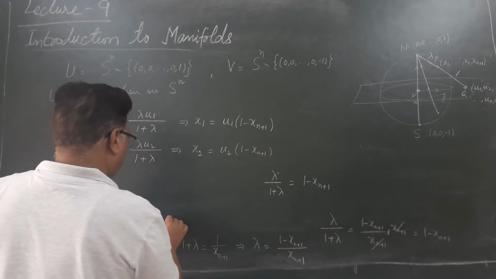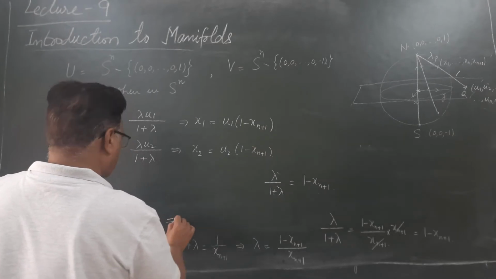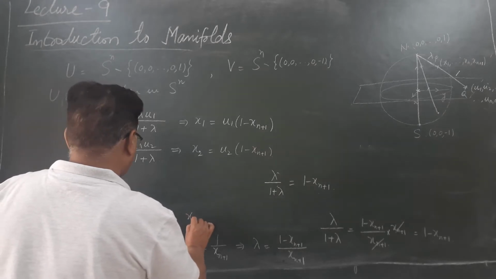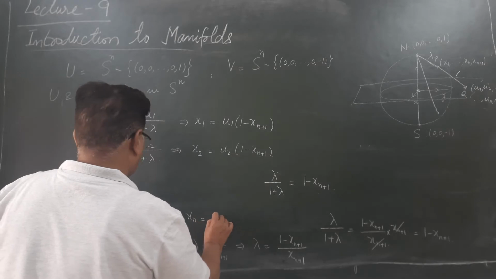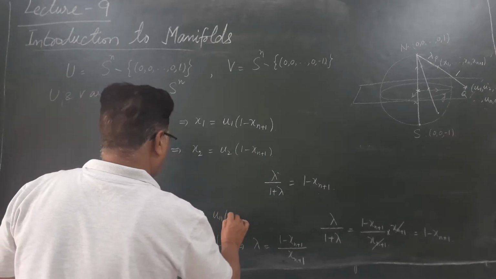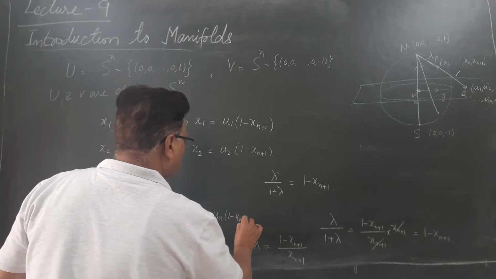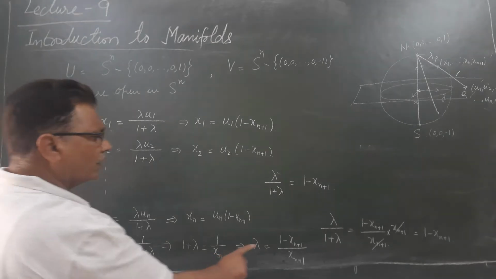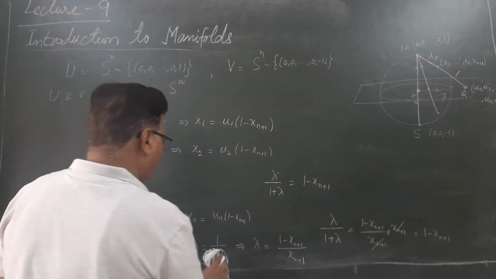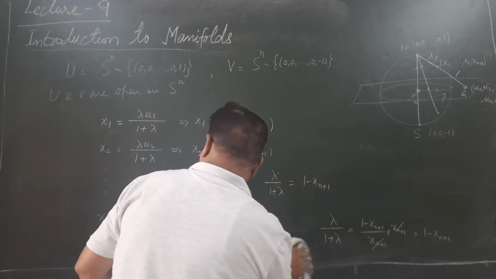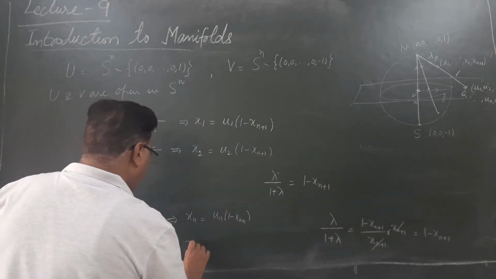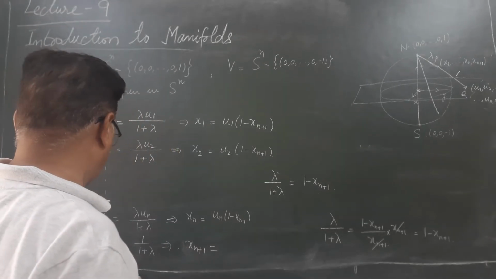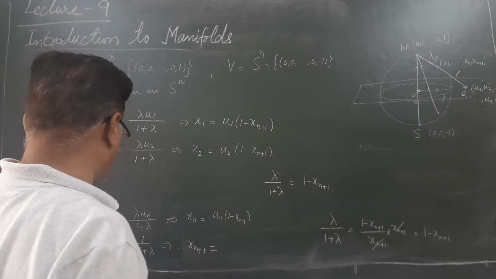And lastly, this implies xn equal to un into 1 minus xn plus 1. Or xn plus 1 is already there. How much is xn? Write it here, erase all this. So from here xn plus 1 is equal to what was it? 1 upon 1 plus lambda, what did we just find?